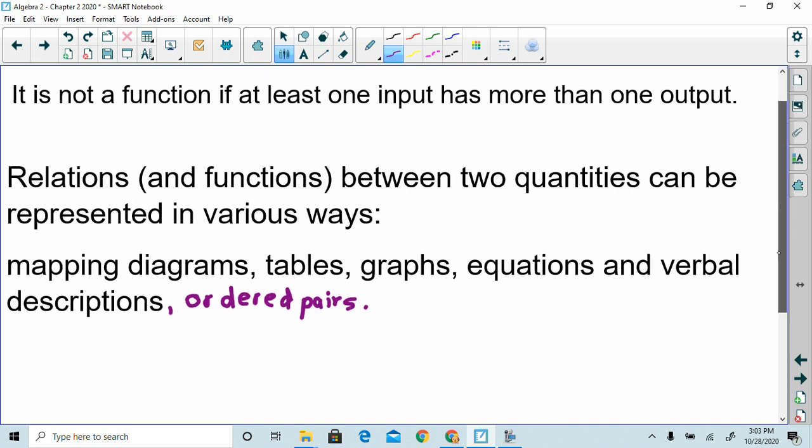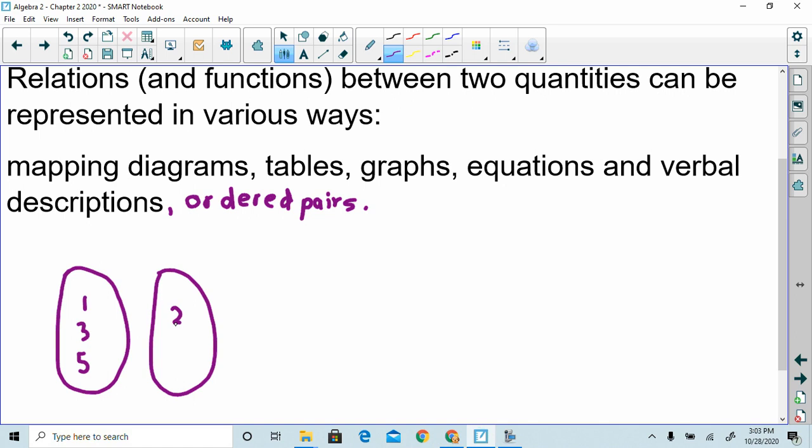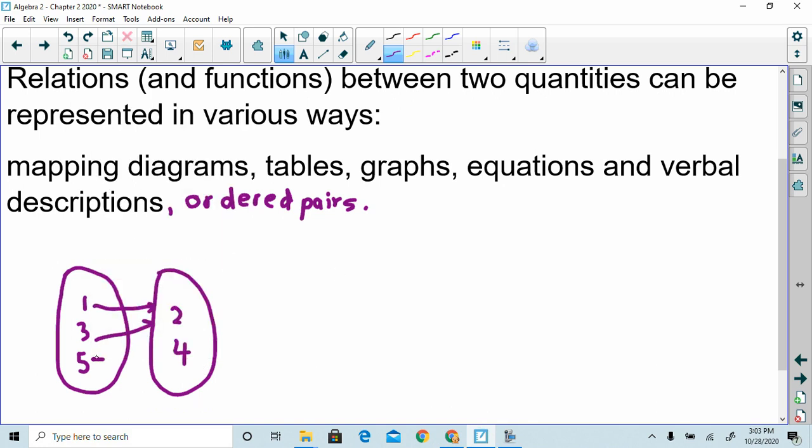So again, looking at some sort of relation, we'll start with the mapping. In mapping, again, I may have values like 1, 3, and 5, and let's say 2 and 4. Well, 1 is paired with 2, 3 is paired with 2, and 5 is paired with 4. This now is a mapping that leads me to these ordered pairs.